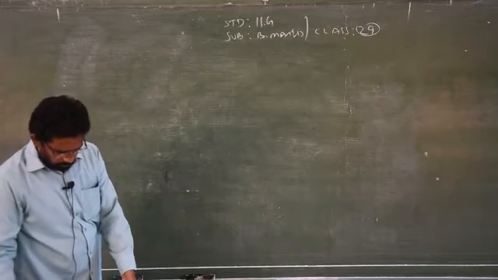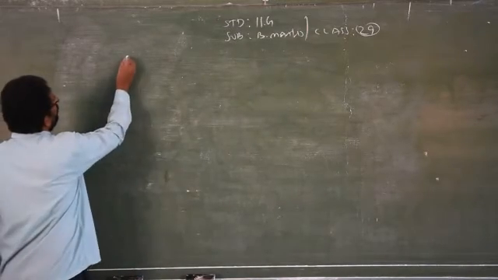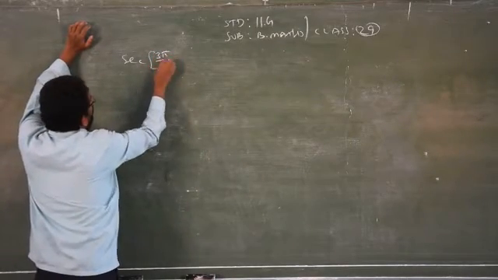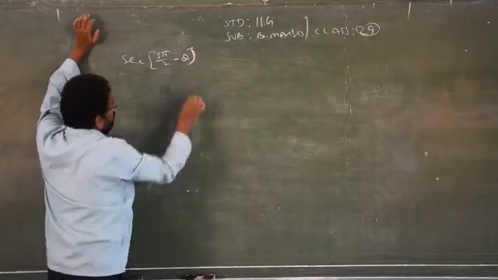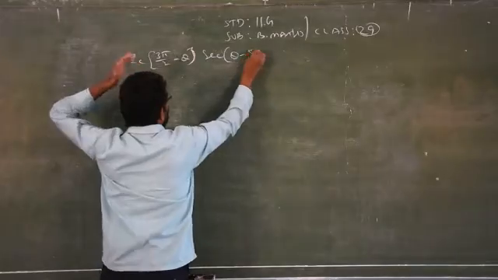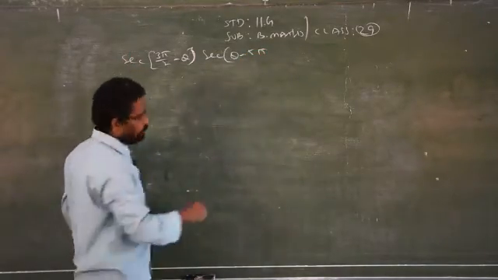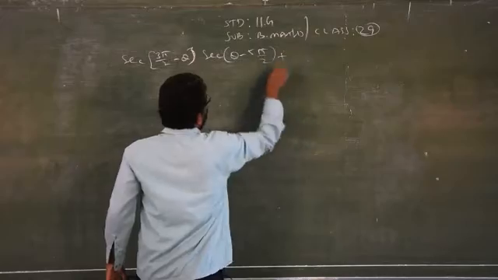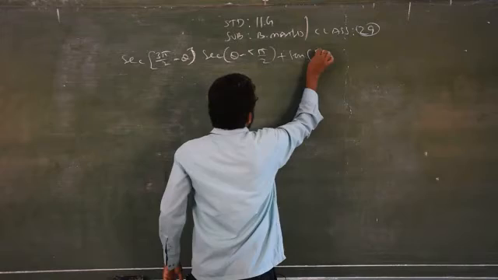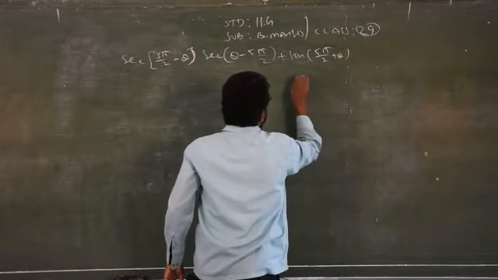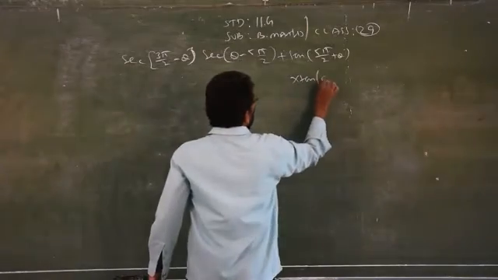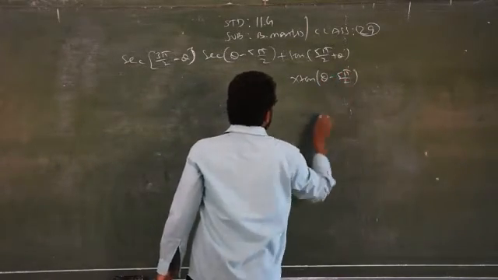So the last, third question: secant of 3 pi by 2 minus theta, secant of theta minus pi by 2, plus tan of pi by 2 plus theta into tan of theta minus pi by 2.